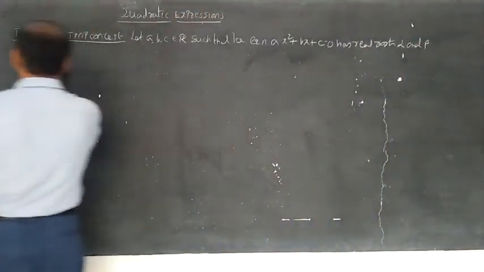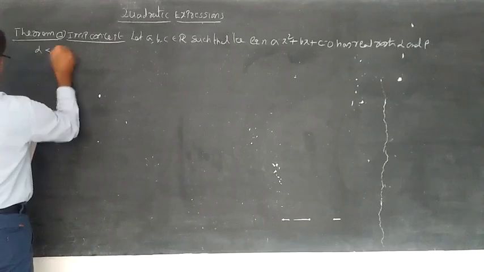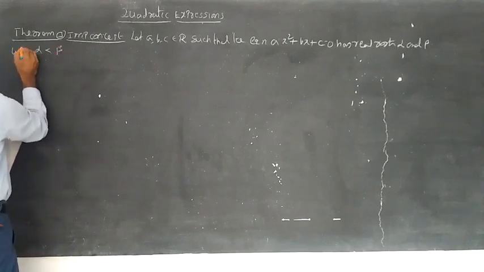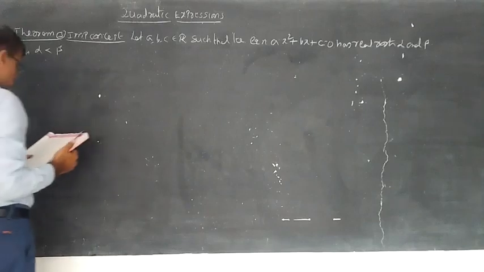Here the main point is that alpha is less than beta. Alpha, beta with alpha less than beta.